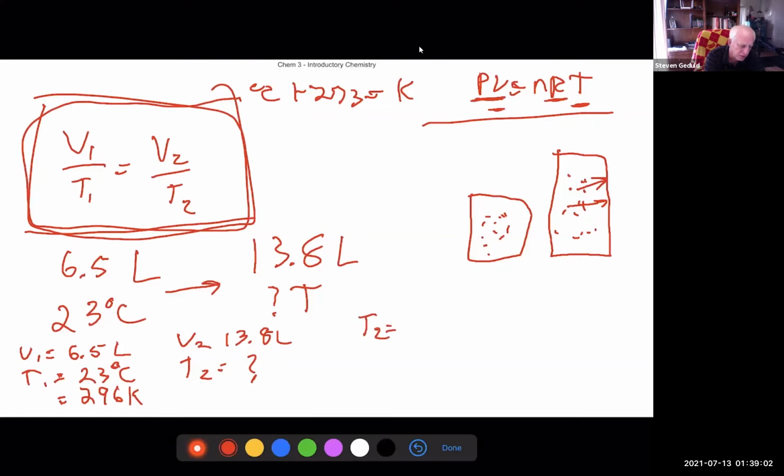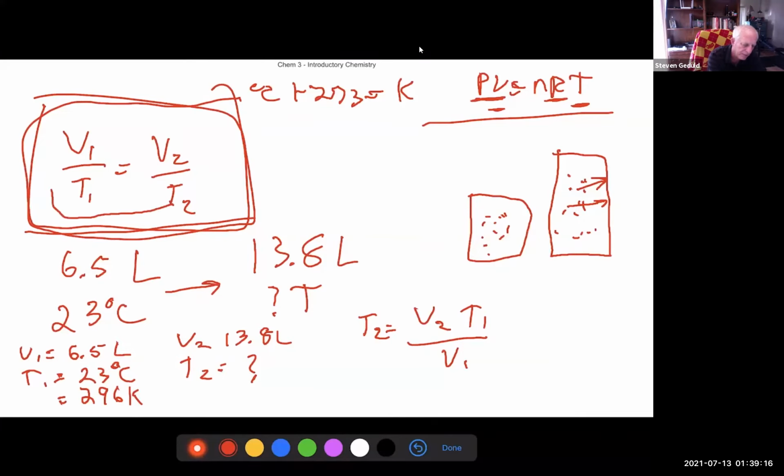So T2, rearranging it algebraically, is going to equal V2 times T1 divided by V1. Let's rearrange it, because we've got to bring this up to here. That's T2. Multiply both sides by T1, bring it over here, and then V1 has to come down to the bottom.